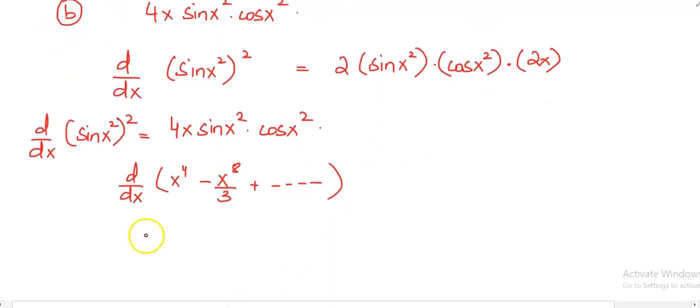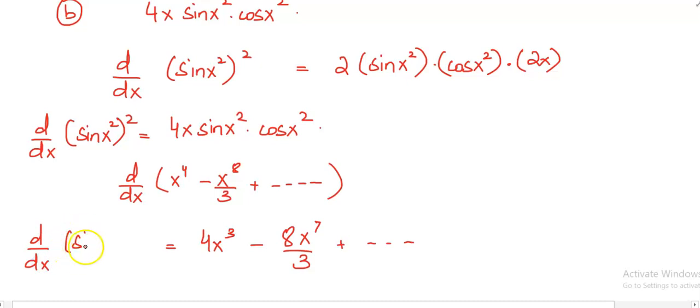If we differentiate that, this becomes 4x cubed minus 8x to the power of 7 divided by 3 and so on, because they wanted us to find the first two non-zero terms. So this is equal to the derivative of sine squared of x squared. So this is equal to our desired result, and this is going to be our solution.